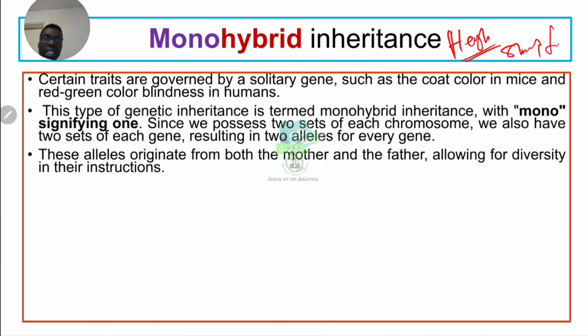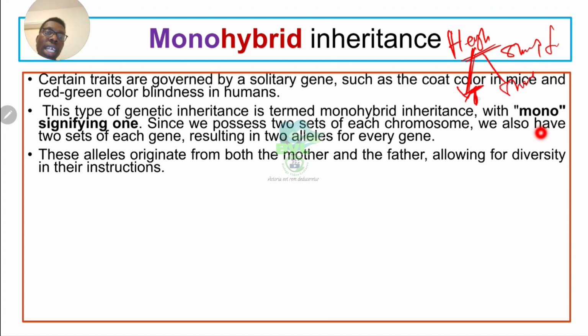Now I think you have to pause the video here to read this so that you can make the most of it. I don't want to take time explaining. But you should remember that you're only referring to one trait, but this trait can have different versions. That's where students got confused: when you say monohybrid, how come you're saying two versions? Now, if I say height, I can be tall or I can be short.